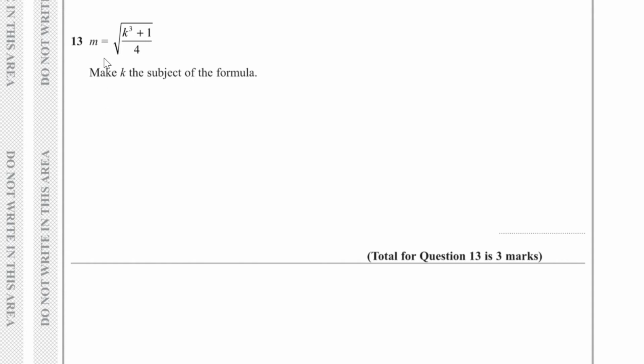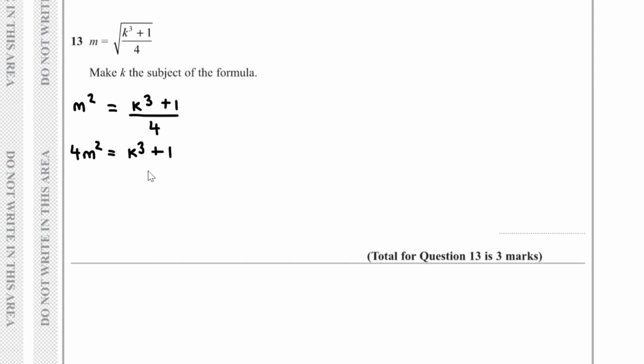Question 13, we have m, which is equal to the square root of k cubed plus 1 over 4. Well, over here, first thing we need to do is recognize that we need to undo the square root. So we have m squared equals k cubed plus 1 over 4. And if we multiply through by the 4, 4m squared is equal to k cubed plus 1.